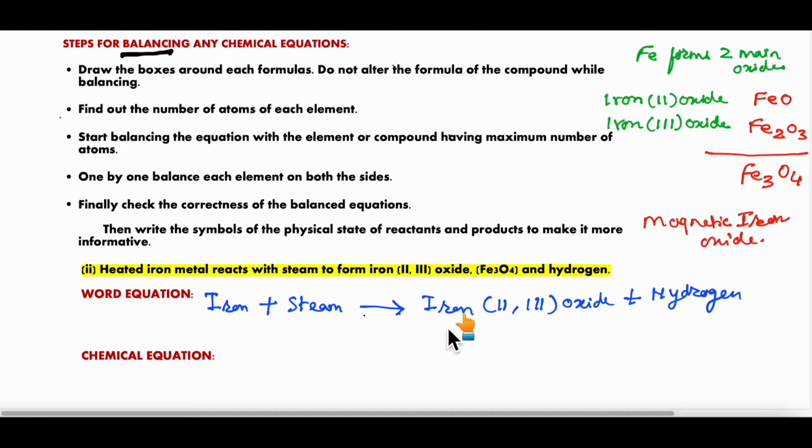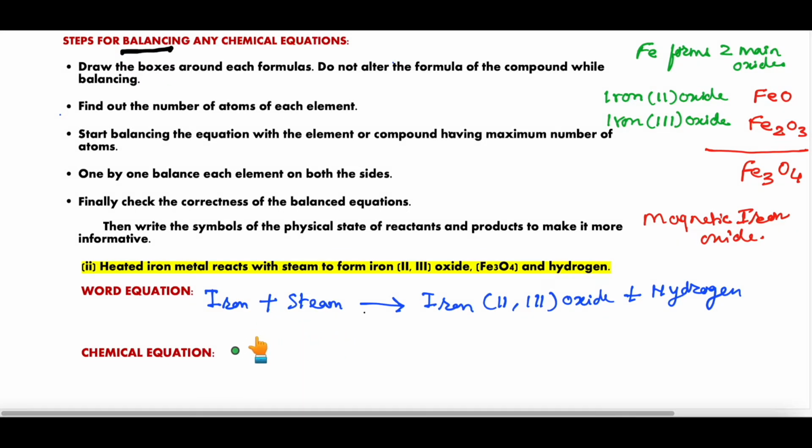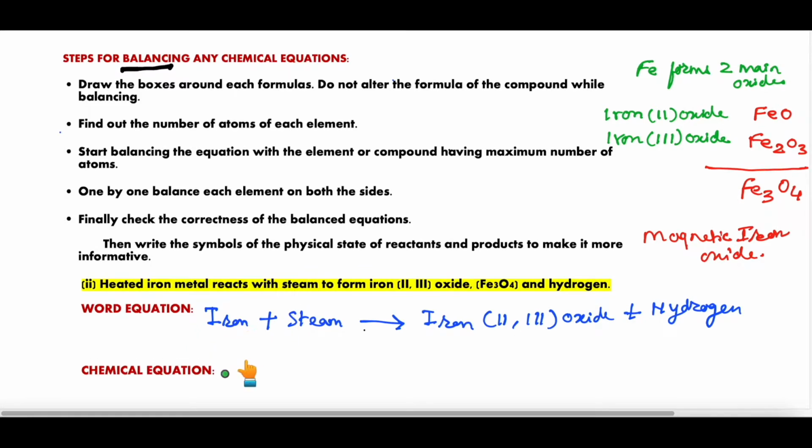I hope now you have understood how the formula Fe3O4 forms. Actually, it is the combination of iron 2 oxide FeO and iron 3 oxide Fe2O3. When you add these, it is magnetic iron oxide, that is Fe3O4. So now the chemical equation for this word equation is written as: the symbol of iron is Fe, plus steam.